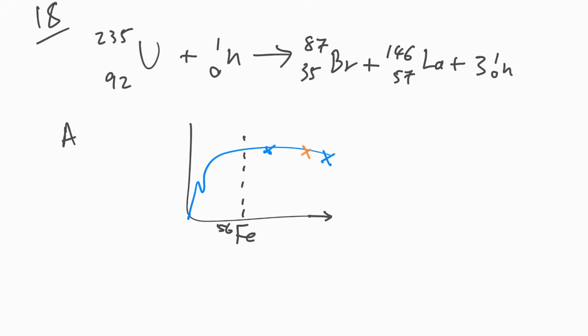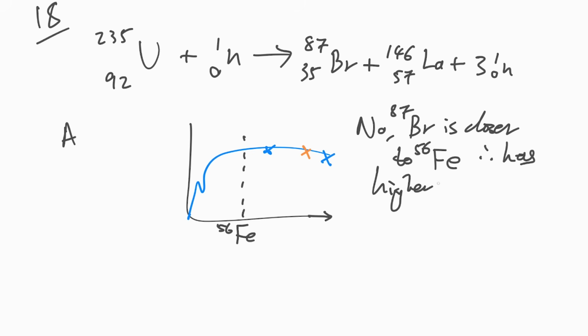So actually, yes, the bromine is going to have a closer binding energy per nucleon. Yes, I know we don't know whether it's the correct isotope or normal isotope, but we can infer pretty much that is the case. So no, bromine 87 is closer to iron 56, therefore has higher binding energy per nucleon.